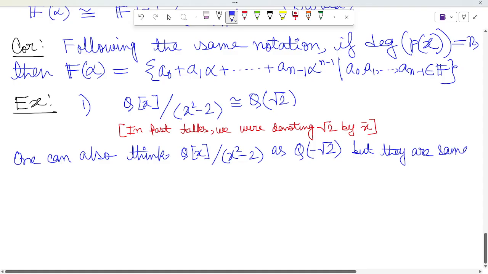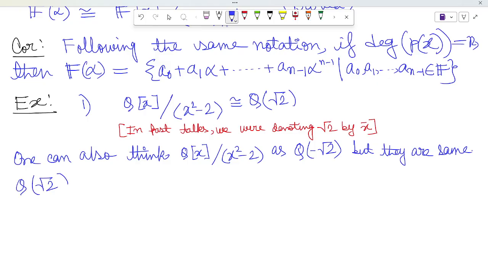But they're the same actually, not isomorphic. Even. Q(root 2) over Q is generated by, it was generated by 1 comma x bar. Now x bar is replaced by root.